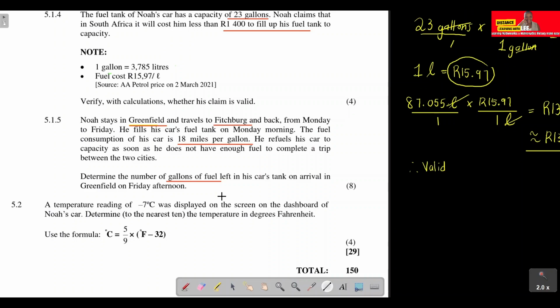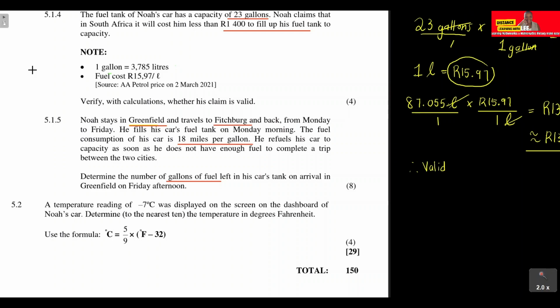All right. So with this question, obviously it's a bit tricky. You basically need to first determine how many miles one full tank of his car covers.